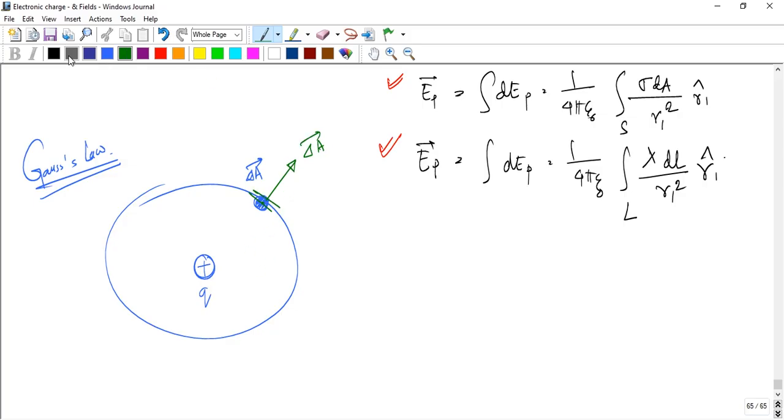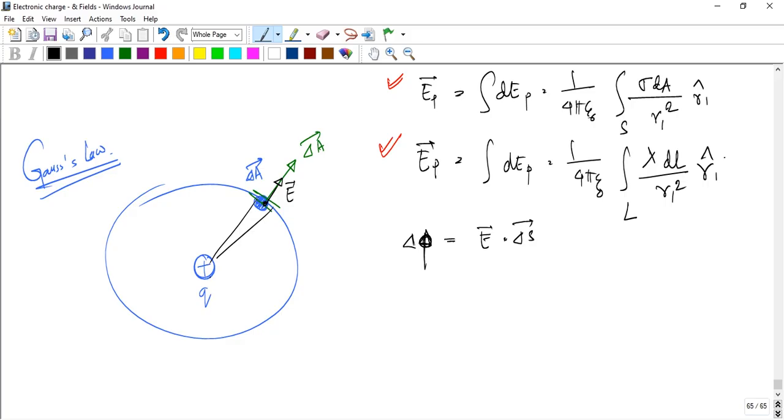This is a positive charge, so the electric field points in the outward direction. We know that the flux delta phi is equal to E dot delta S; that is the flux concept.